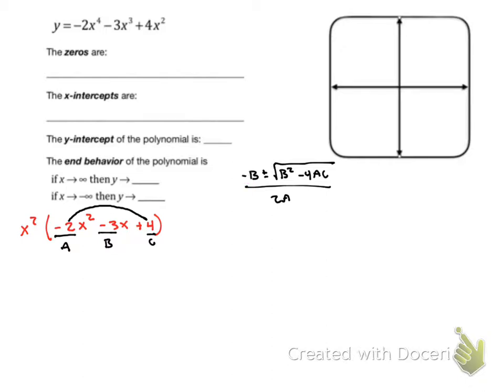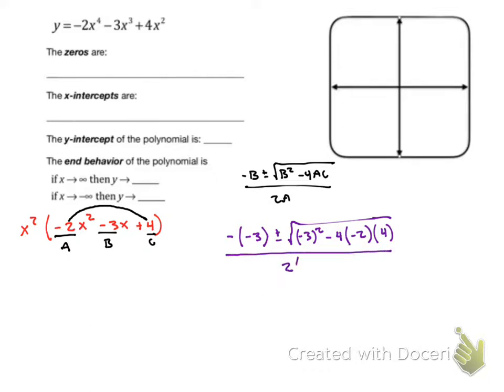Starting at this negative sign, we're going to write the negative sign, plug in b, which is negative 3, plus or minus square root. B is negative 3, so negative 3 squared, minus 4 times a, which is negative 2, times c, which is 4. And then all this divided by 2 times a, which is negative 2.